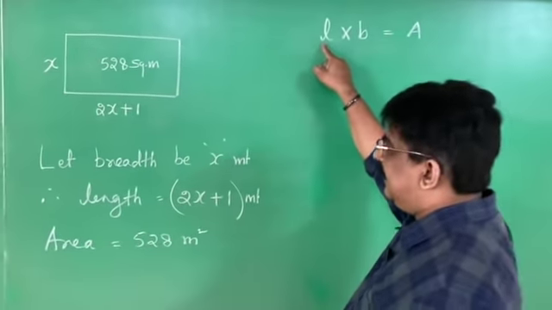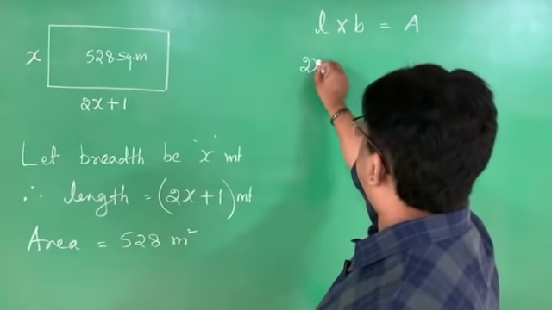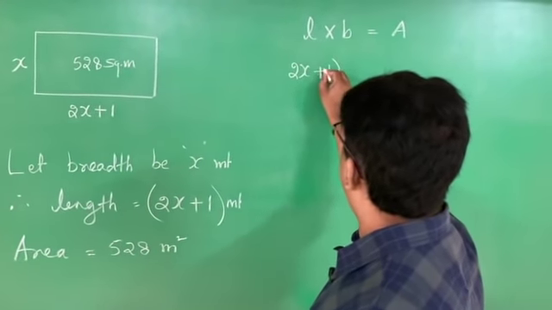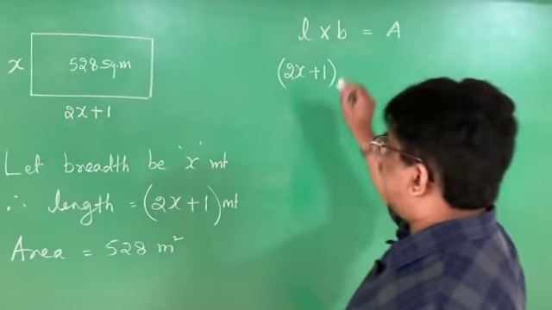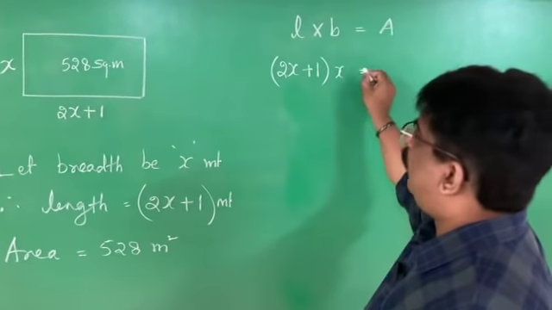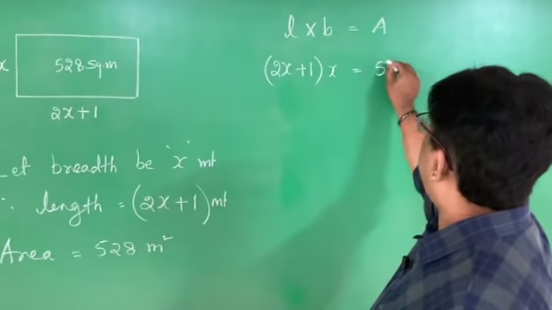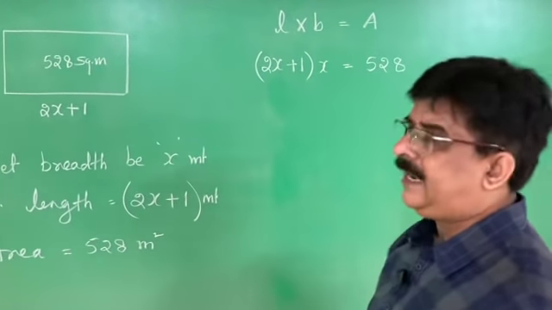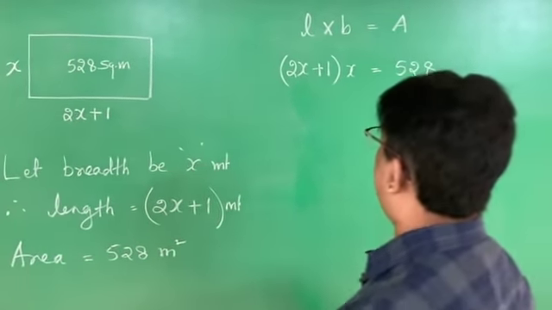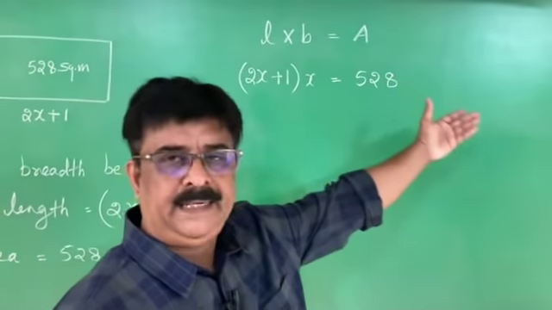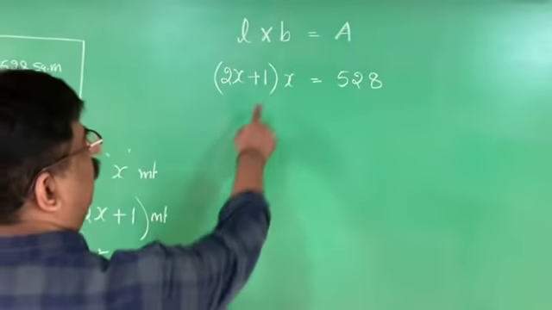What is length? Length is 2x plus 1. What is breadth? x, is equal to area is 528. Area is what? 528 square meter. All measurements are in meters only. Now, multiplication.